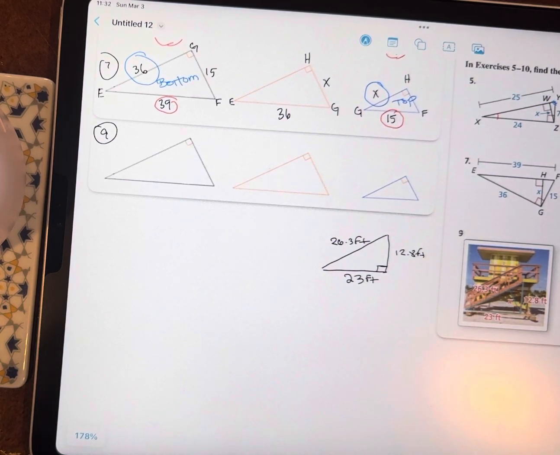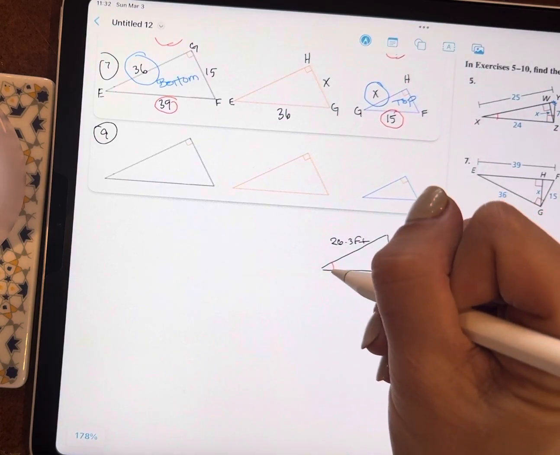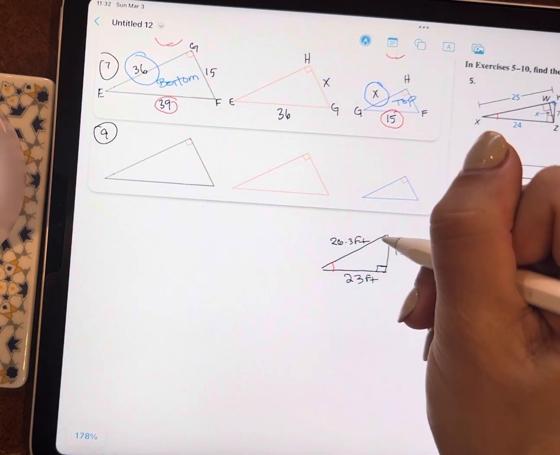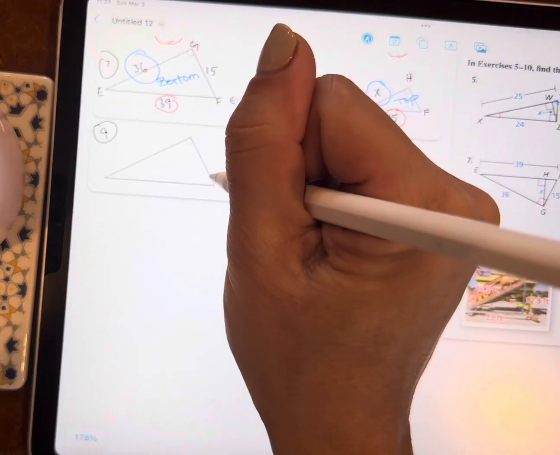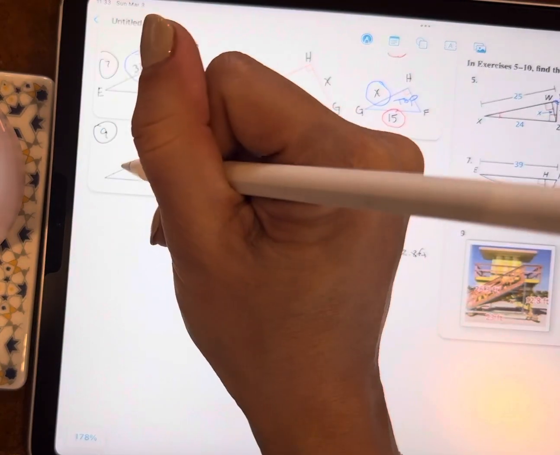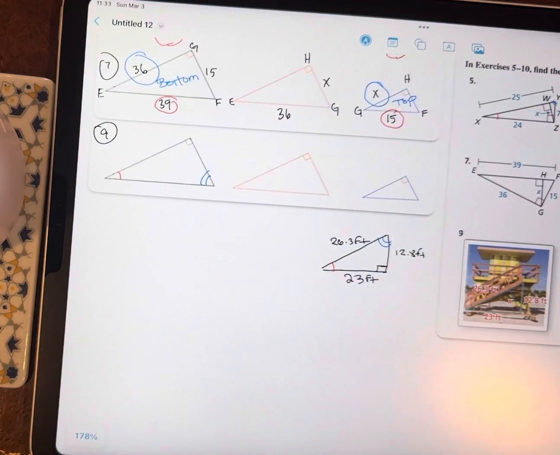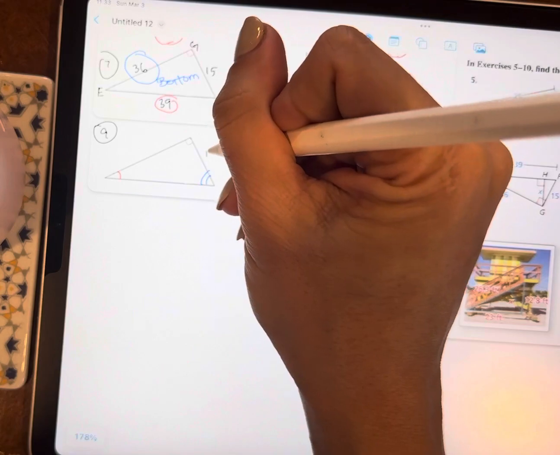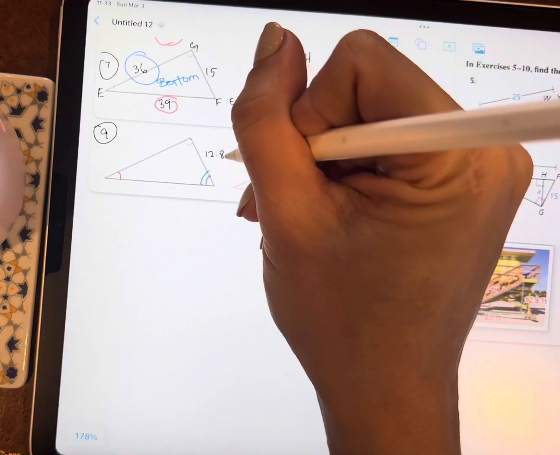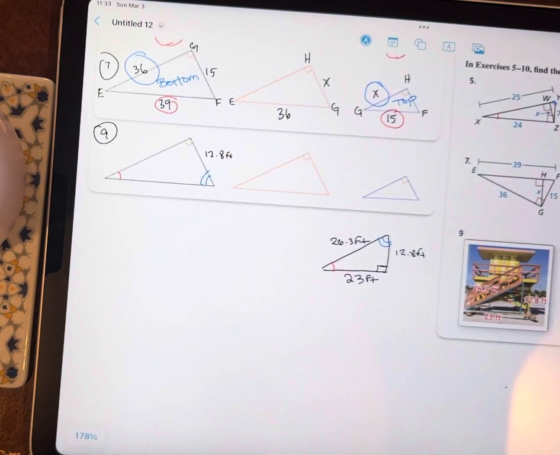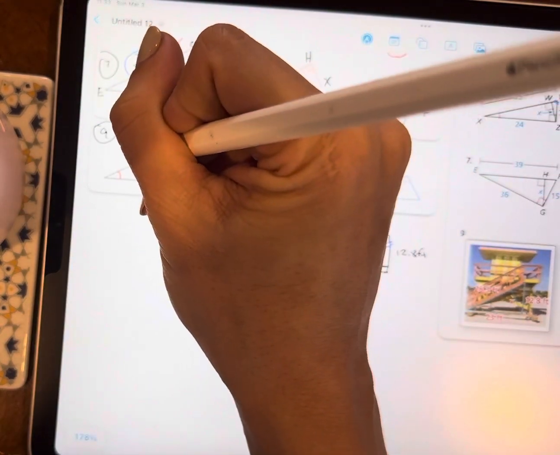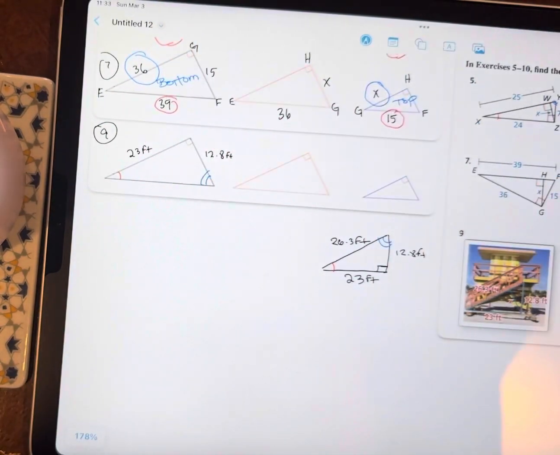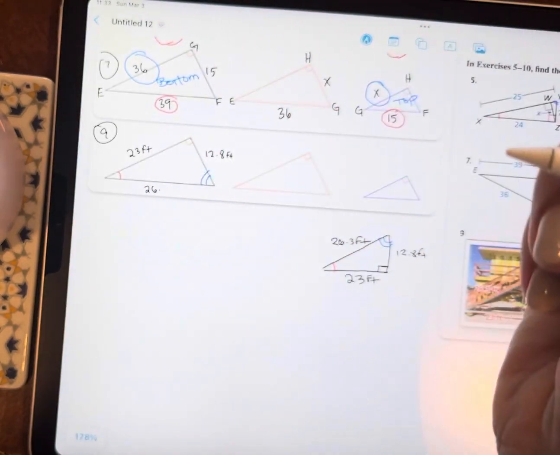Here is my small angle. Here's my big angle. So I'm going to throw it on here while it's like this to get that the short leg is 12.8 and that the long leg is 23 and the hypotenuse is 26.3.